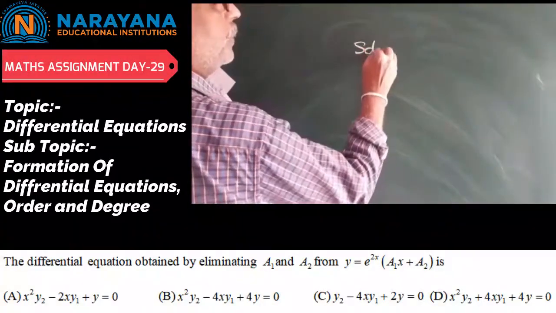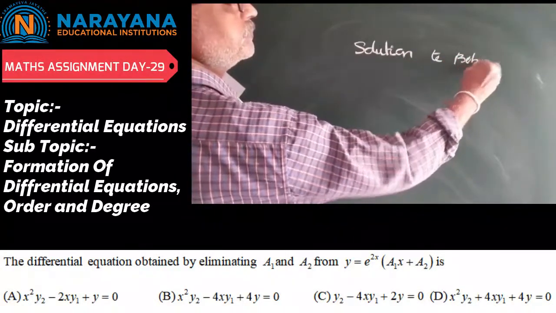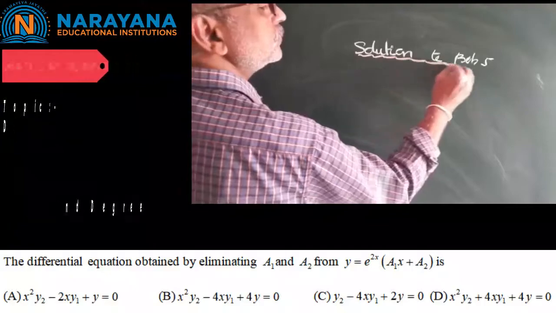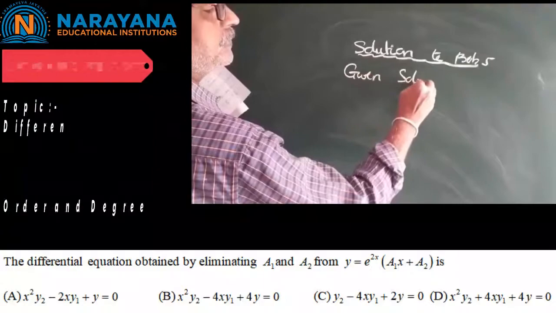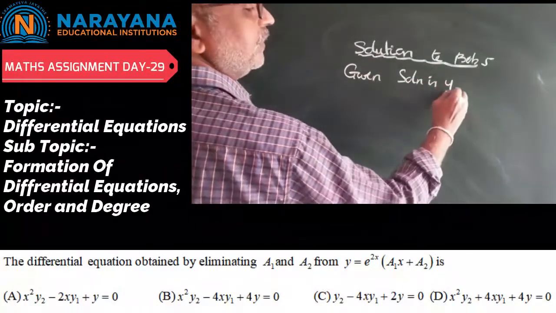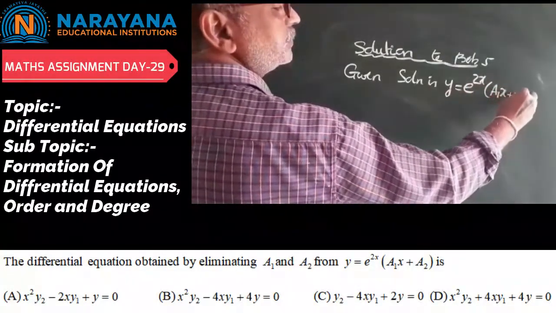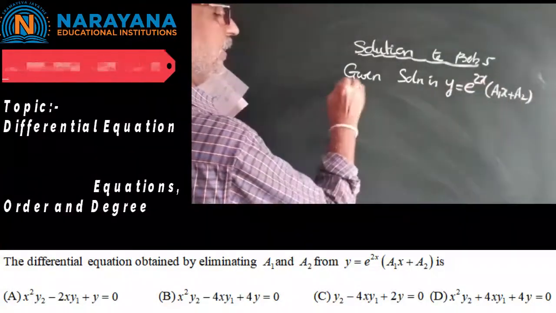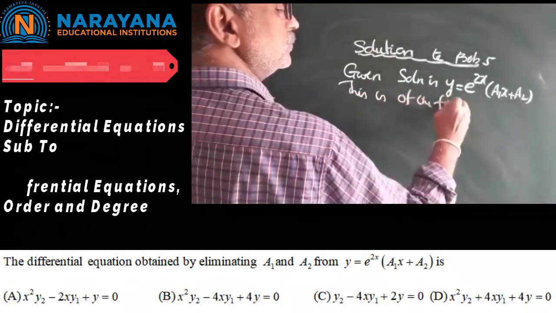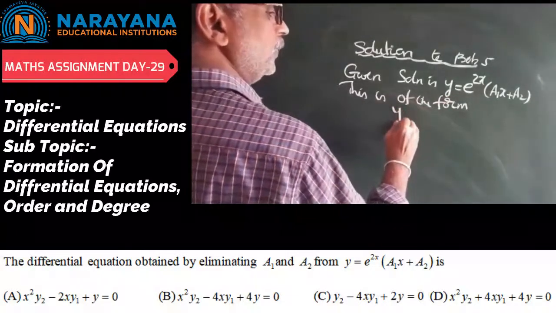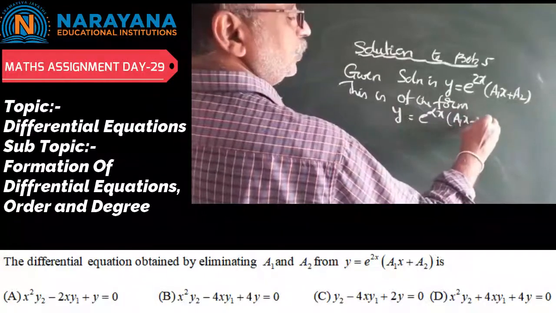Solution to problem number 5. Given solution is y equal to e power 2x into a1x plus a2. This is of the form y equal to e power alpha x into a1x plus a2.